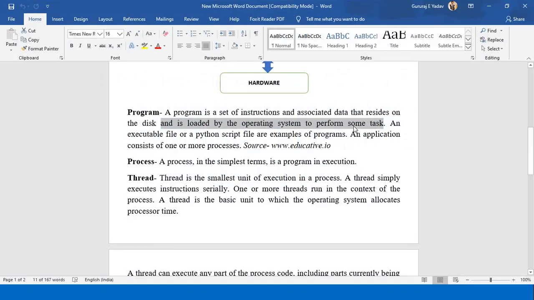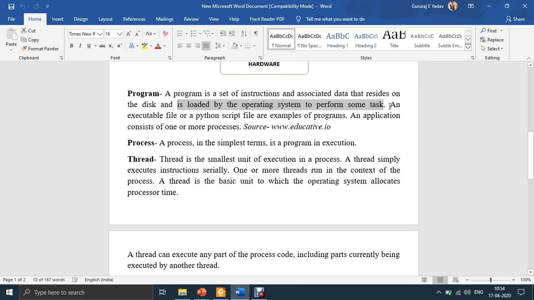As soon as you open it, some part is loaded by the operating system to perform the task. Next, what are the examples? An executable file, meaning a .exe file. Whichever file you run, as I told, just like I run Keil MicroVision, is an executable file.